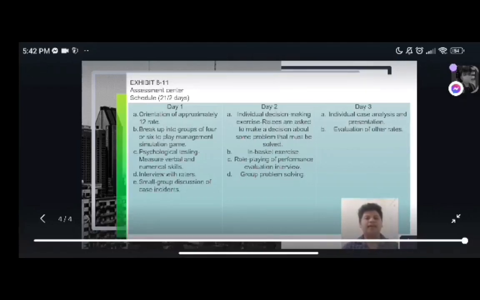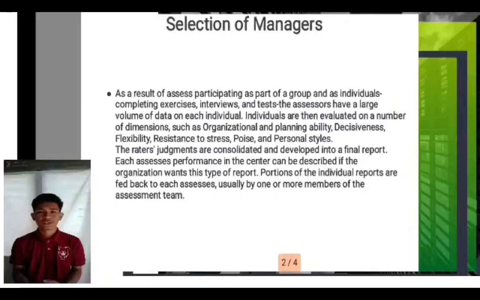A. Individual case analysis and presentation. And B. Evaluation of other raters. Of managers, as a result of assessees participating as part of a group and as individuals, completing exercises, interviews, and tests.